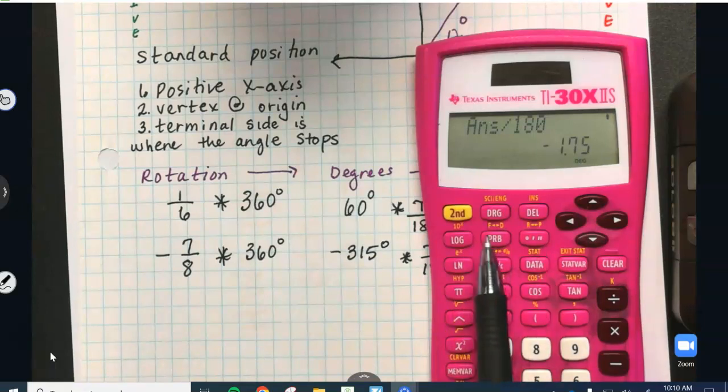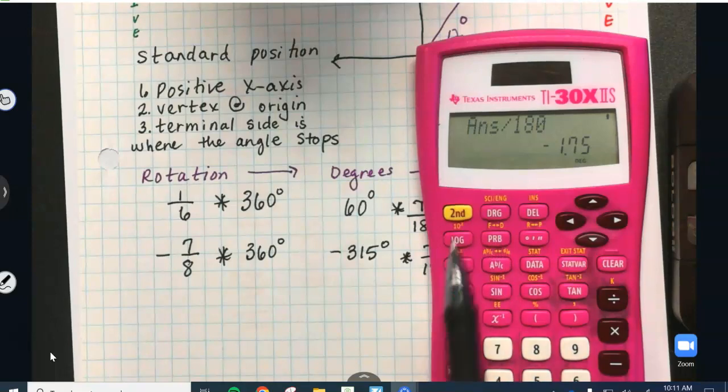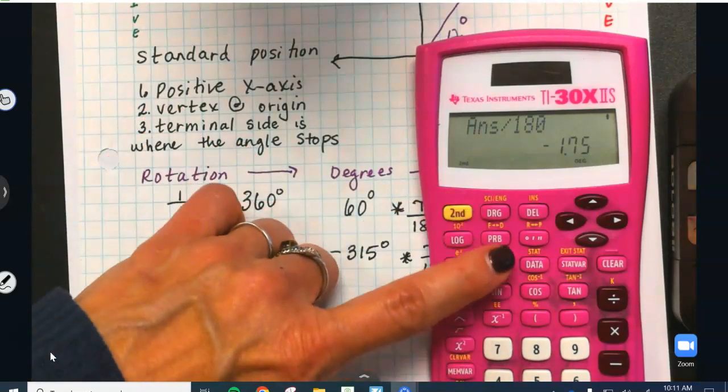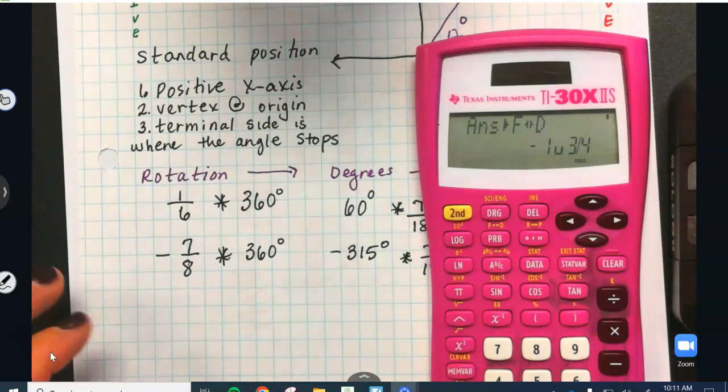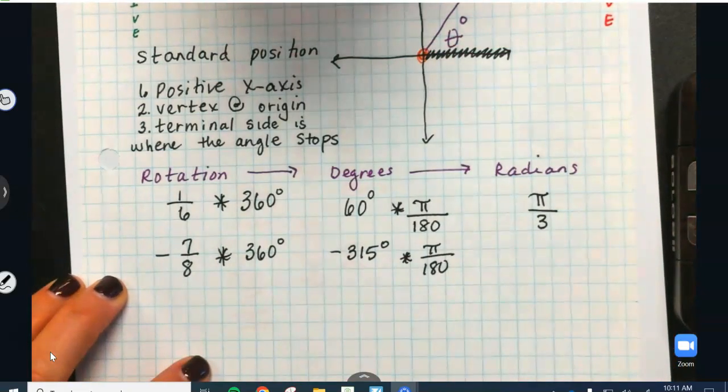The conversion from a fraction to a decimal is right above the PRB key. So hit your yellow key, then hit F to D, hit enter, and then there it is. It gives it to you as a mixed number, so I know this is negative 1 3/4. We always write our numbers as improper fractions. So let's go ahead and write this as negative 7/4 pi.